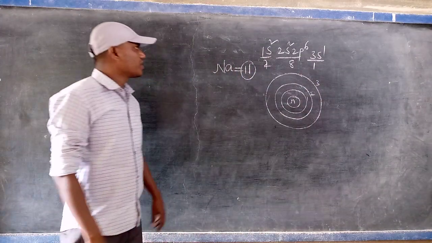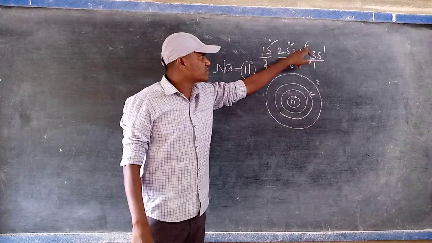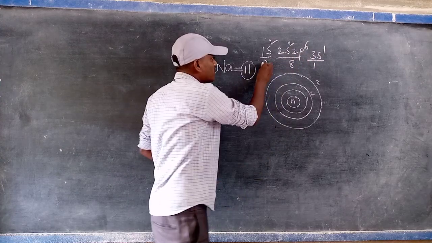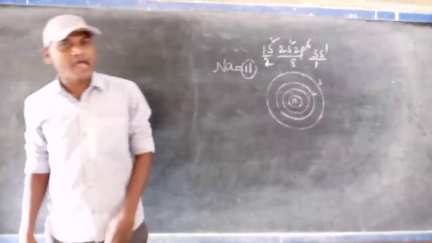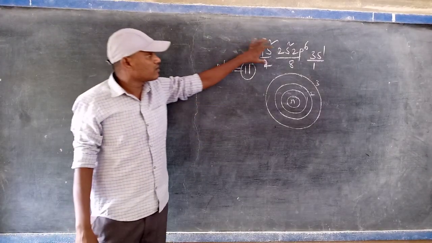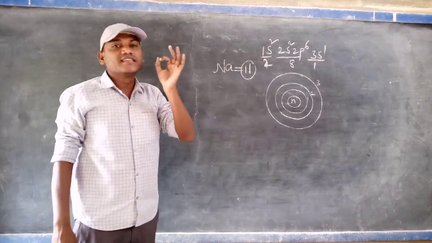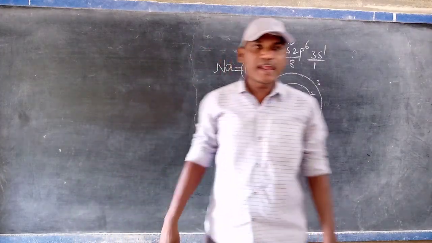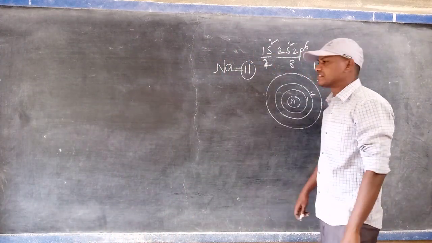So here 2 plus 2 is 4, plus 6 is 10, plus 1 is 11. This is the electronic configuration of the sodium atom. With the help of the electronic configuration, we can easily say how many valence electrons are there in an atom of the element.